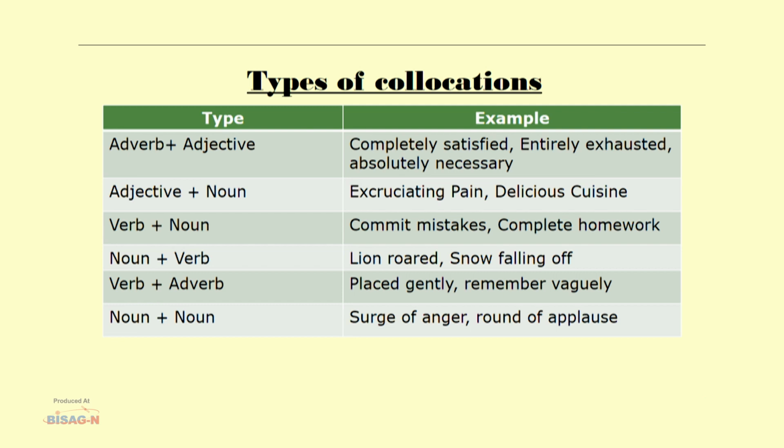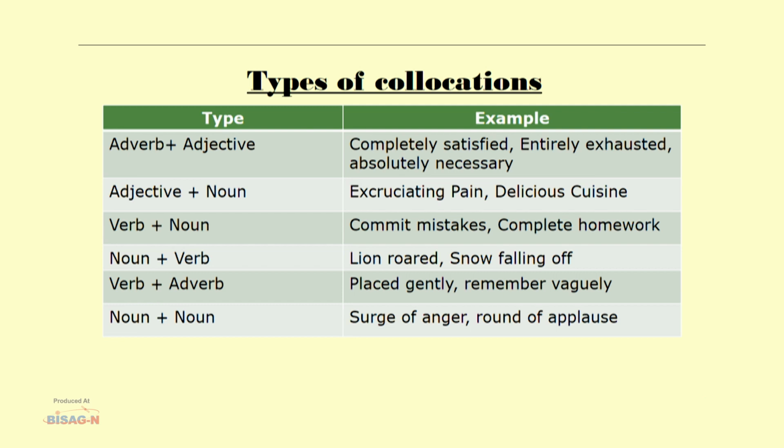Now there will be 4 choices. Out of the 4 choices, the word can be completely, gently, vaguely, vividly. However, we have to choose the right word. So the right word would be, I am completely satisfied with the customer service.